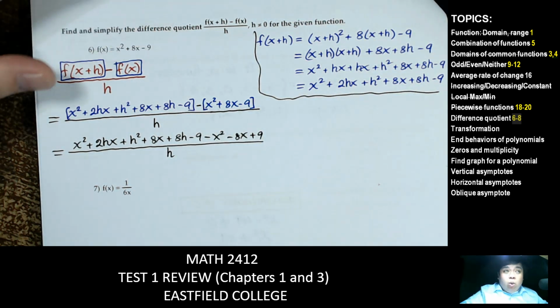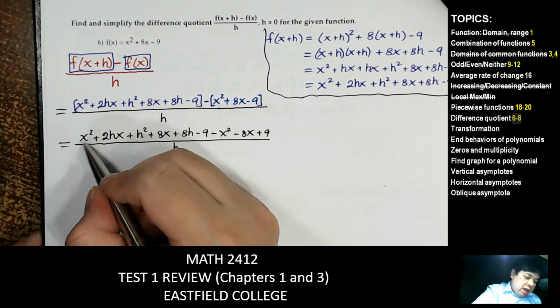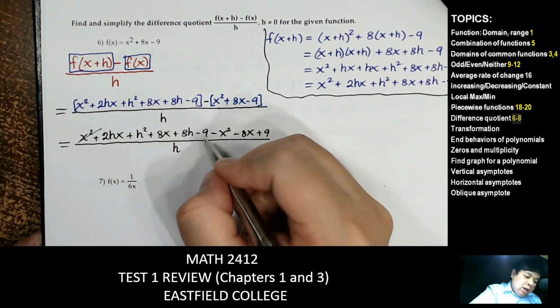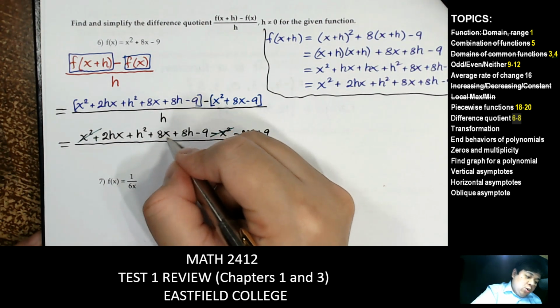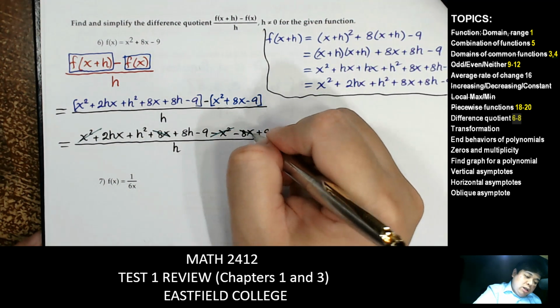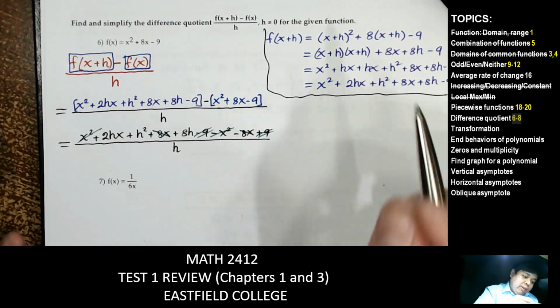Now, if everything works out perfectly, everything without an h gets cancelled. So x squared here should cancel with something, and it does. The ax here has no h, should cancel with something, and it does. And the minus 9 with the plus 9.